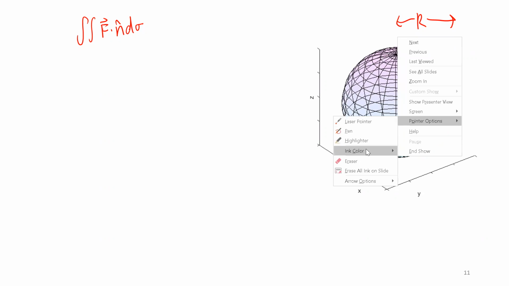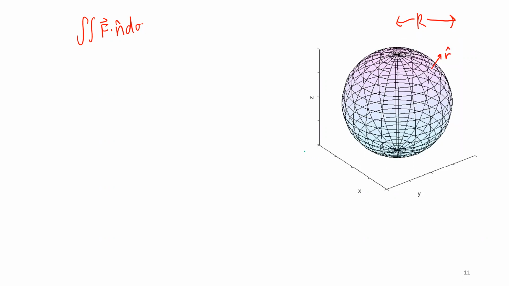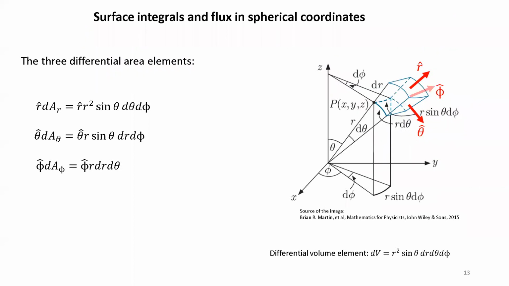And then the area of one small part, for example this part here. This is the one that we use.